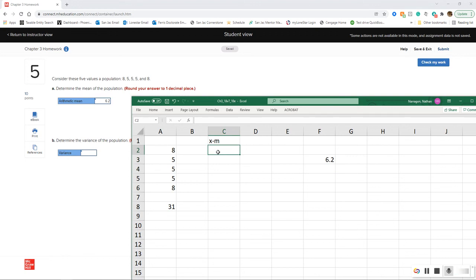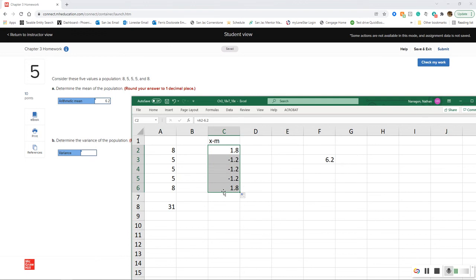Either way, same thing. So we're going to take the number that we have minus our mean. Again, don't just click this box and then click the box that you have your mean in. Because if you do, once you do the drag down effect, it's not going to calculate correctly, because it's going to drag down here too. But that's all you got to do.